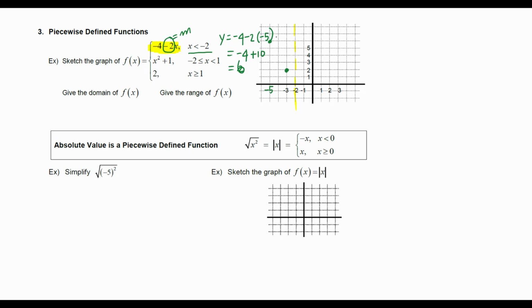So I will draw the line, and at negative 2, it would have been 0, but it's not included, so I will have a hole there. So I draw a graph from negative infinity to negative 2. Now I need to draw the graph when x is from negative 2 to 1. And negative 2 is included in this domain, so you can plug it in there.